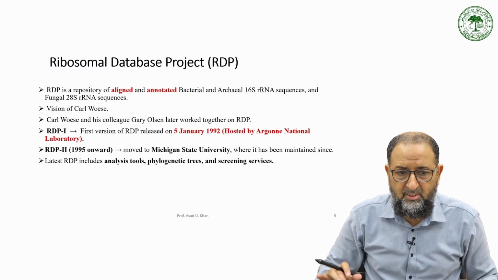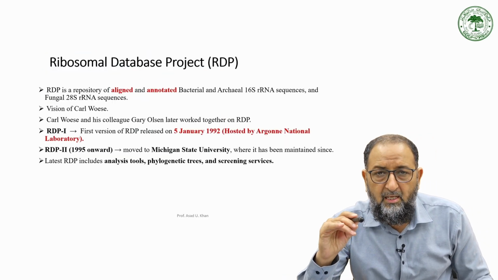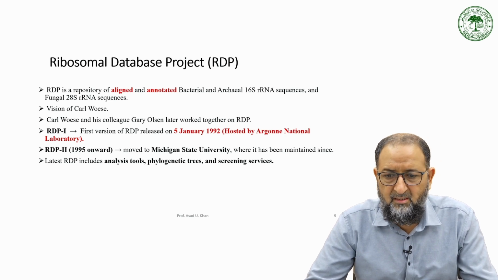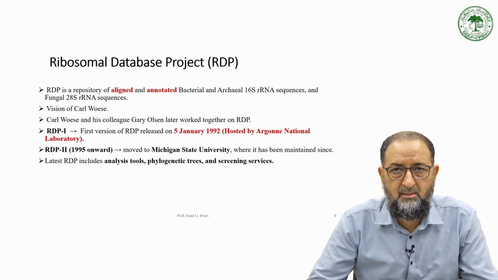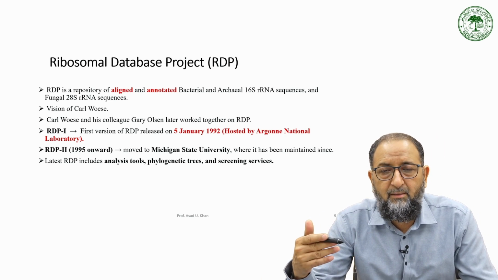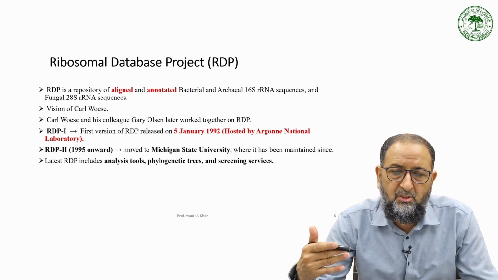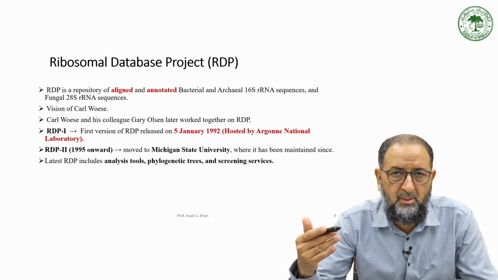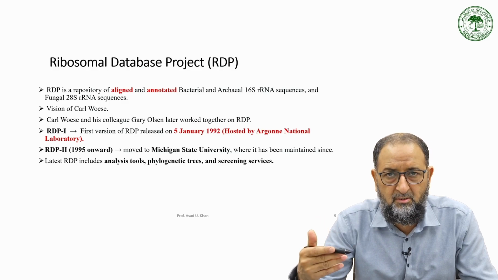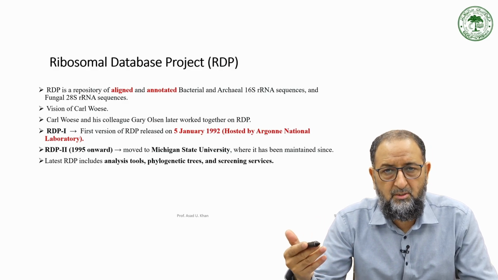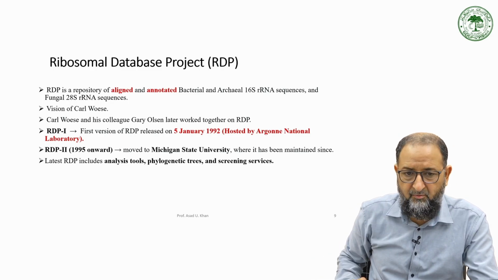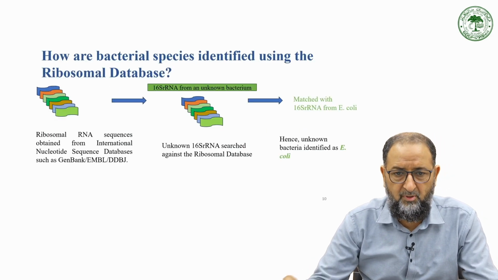If you go back to the same slide, I talked about the addition of analysis tools, that is the phylogenetic tree, screening, services and sequence analysis. In the latest database, they have added these features where you can analyze the available sequences to know what they belong to, which species and which genera. So these are all updated versions of the database, and this is how it works.